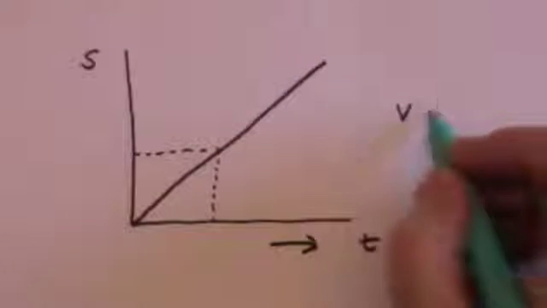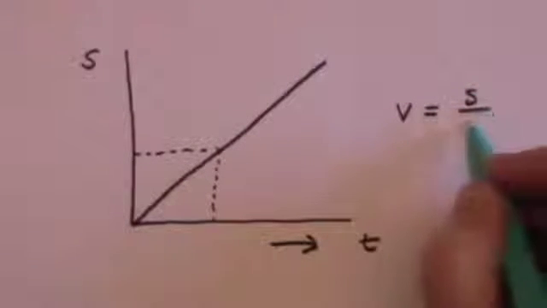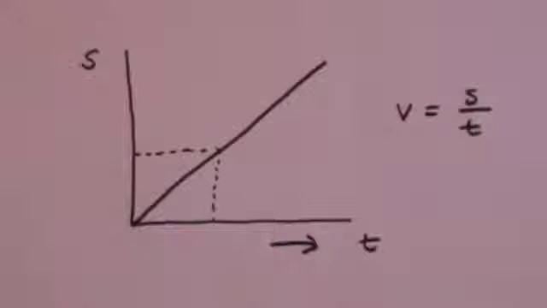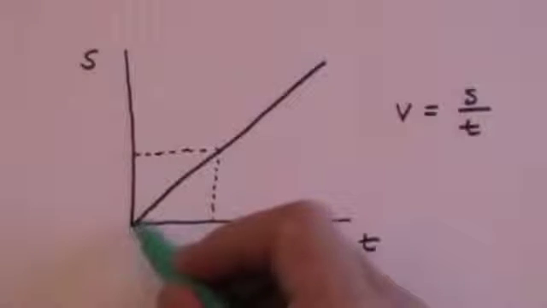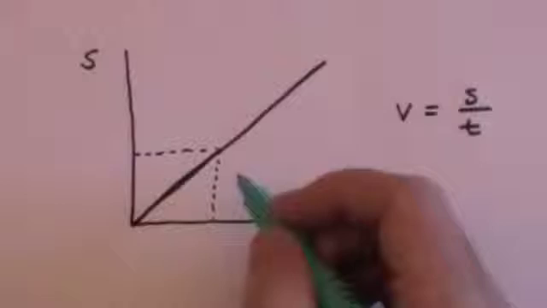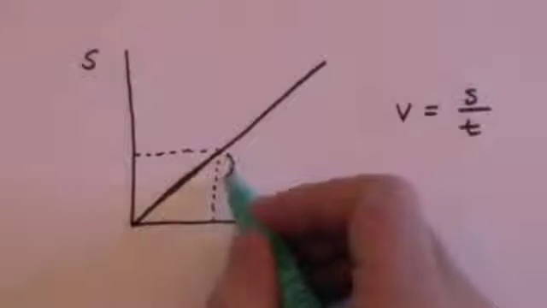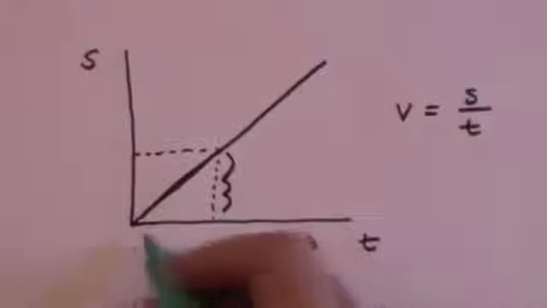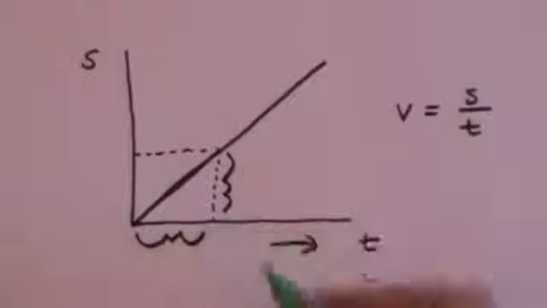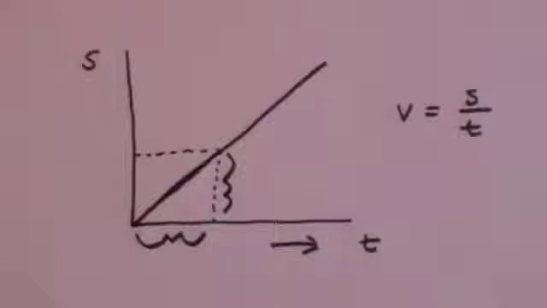What is velocity? Velocity is distance divided by time. What is the gradient of this slope? The gradient of this slope is distance divided by time. So the gradient of a distance-time chart or graph is the velocity.